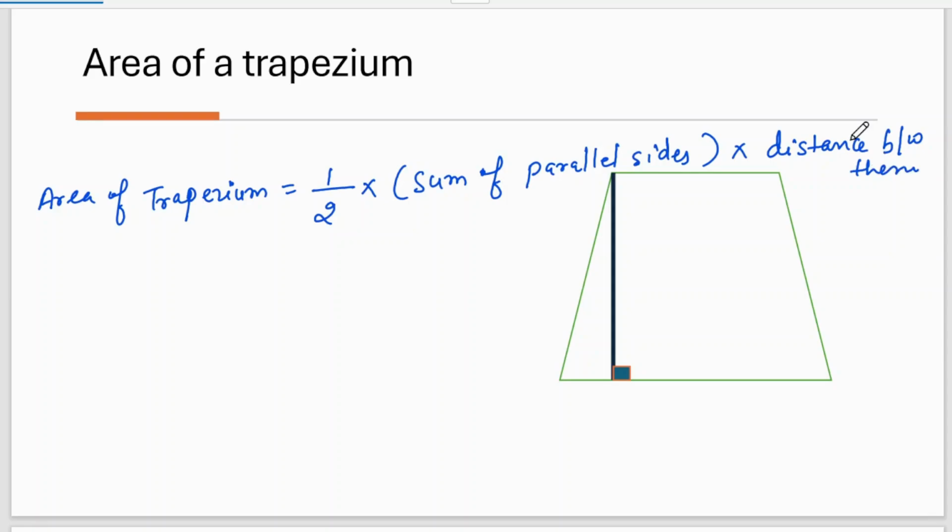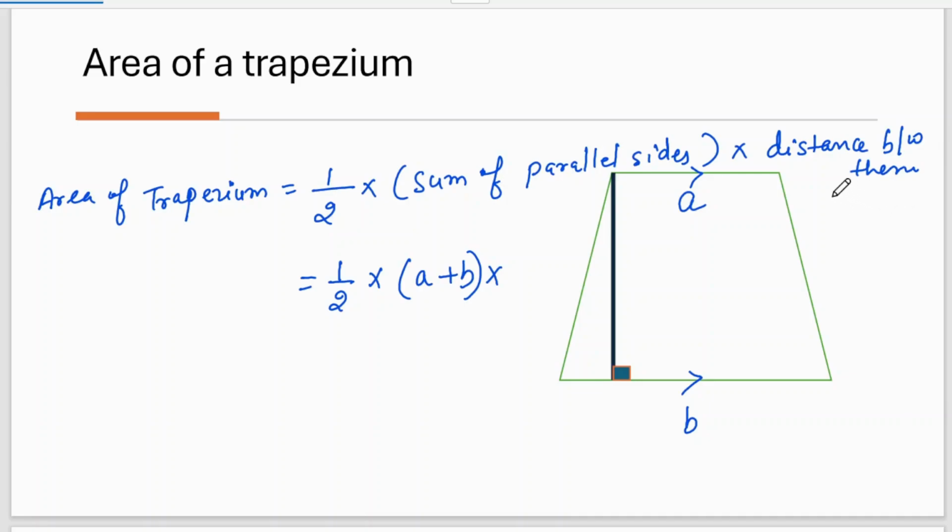In this trapezium, these are your parallel sides. If I write this as A and this as B, then in the formula you can put 1 by 2 into A plus B. Now, what is the distance between them?